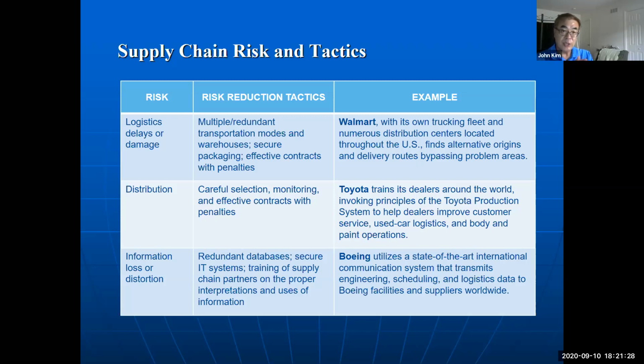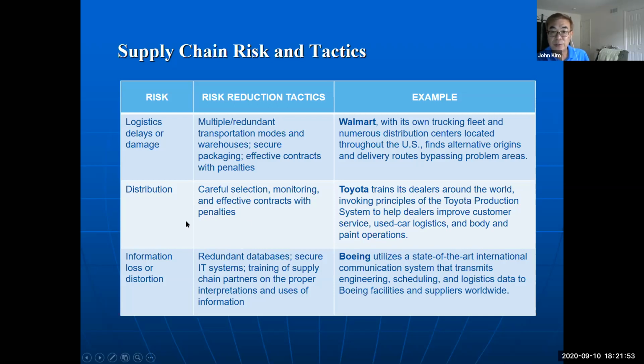There were scratches during delivery, hits, dings, and so on. So the supplier company developed a cover, covering each product and delivering carefully. So the tactic is like that.